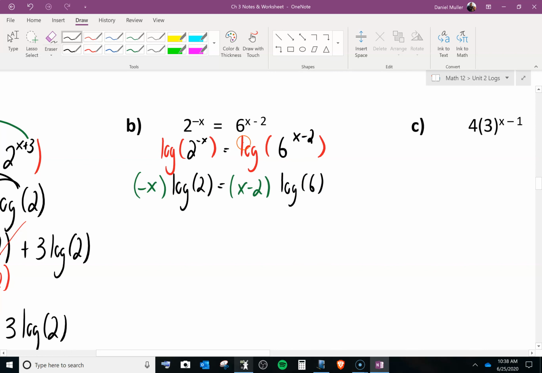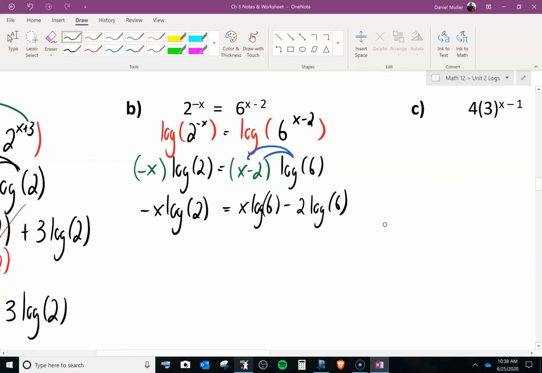So the x minus 2 comes down, just the log of 6. Negative x comes down, just the log of 2. So these I can just join together to be a negative x log 2. It's not really much I can do. And in here, I can multiply this in. So I get, again, nothing can be combined. It's just an x log 6 minus 2 log 6.